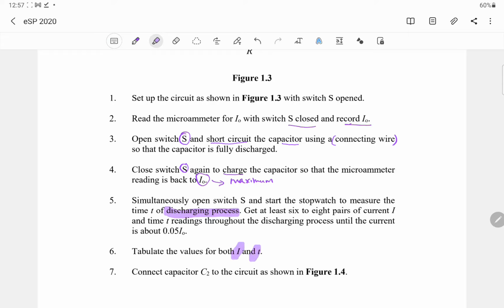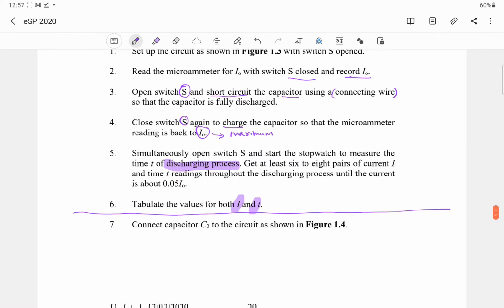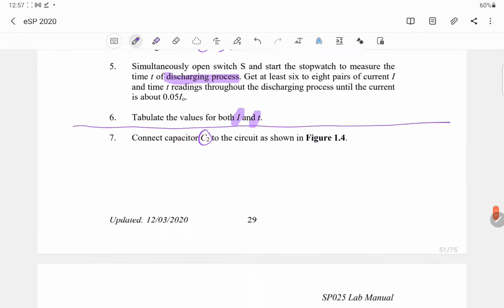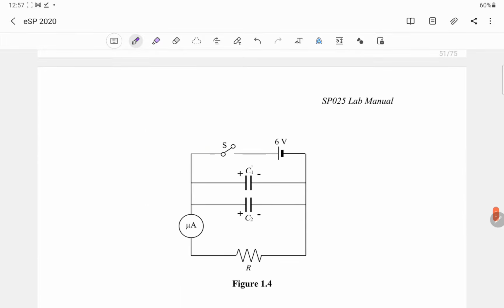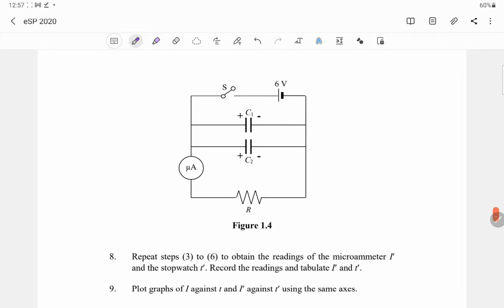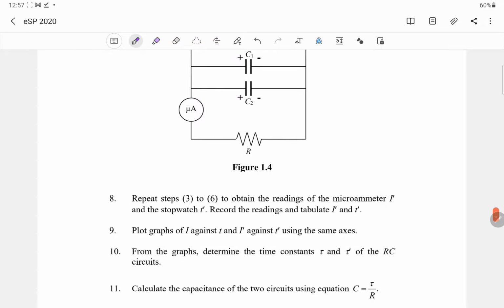Alright, so this is for experiment number 1. For experiment number 2, you have to connect capacitor C2, like this. We have C1 and C2. Then repeat the steps to get I and T. Then plot I versus T and also I prime versus T prime using the same axis.